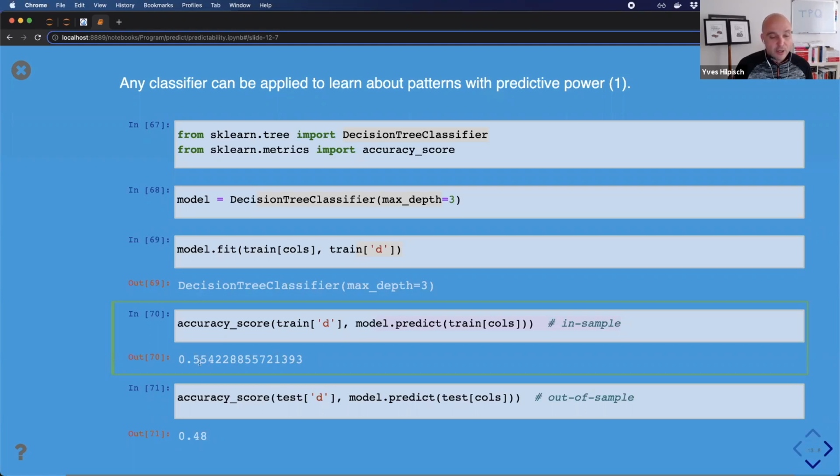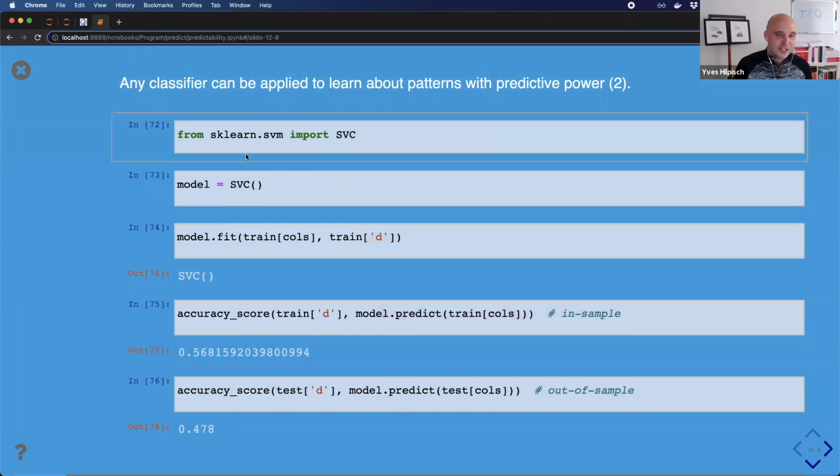So we can learn about the train data set kind of okay-ish, I would say. But on the test data set, we are below 50%. So given my, oops, this is a live Jupyter notebook, so I can edit the code and execute it here. So here we are not successful. Now a support vector machine, another one.